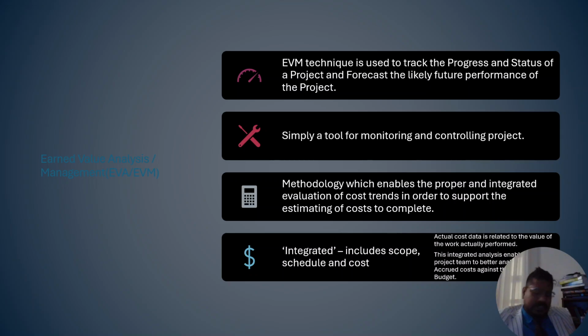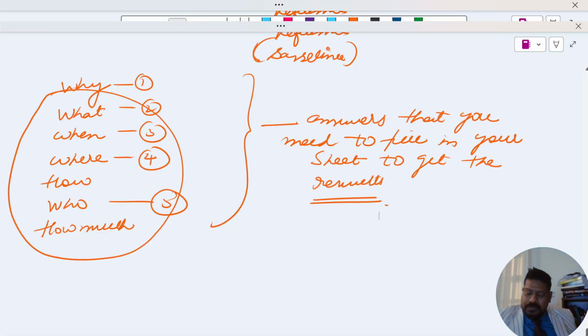Planned value is the budgeted cost of work scheduled. Then you have EV, earned value, the budgeted cost of work performed, and then you have AC, which is the actual cost of work performed. Let me write that over here.